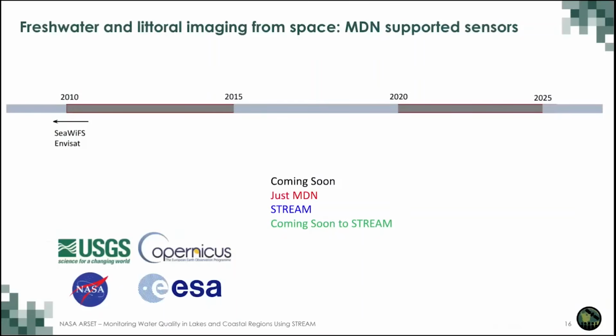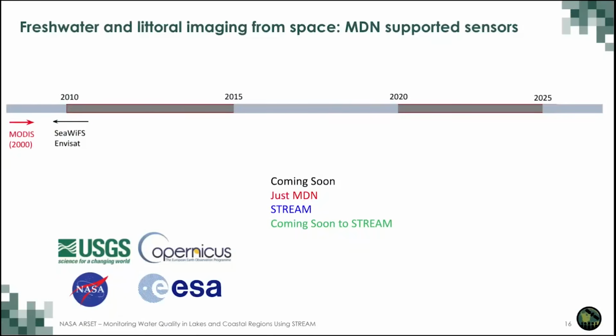On this slide, I'm going to briefly take you through freshwater and littoral imaging from space, showing the mixture density network supported sensors. Sensors in red are just supported by the MDN, in blue they're supported by STREAM, and in green they're coming soon to STREAM. In 2000, or actually the end of 1999, MODIS was launched.